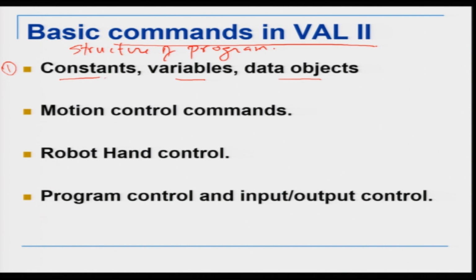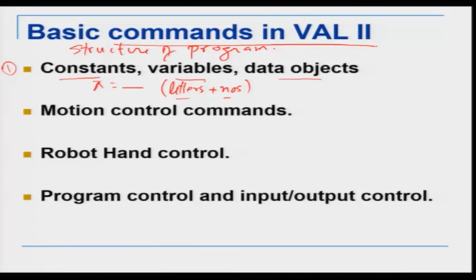Now, what are constants? Constants are, for example, the value of pi, say pi is equal to 3.14. Then we can define pi as a constant equal to some number. Next is variables. Variables can have a combination of letters plus numbers. For example, a variable name, let us call it point 1. The variable name is point 1.